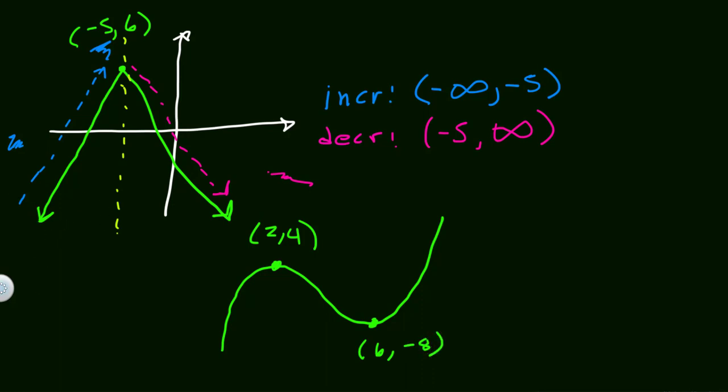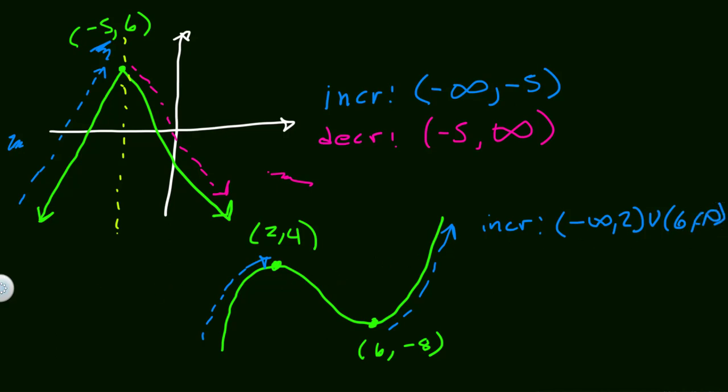And when is this graph increasing? This graph is increasing on this section, and it's increasing on this section. So we would say that the intervals of increasing here would be from negative infinity to 2, union 6 to infinity.